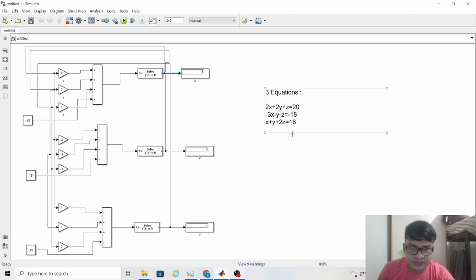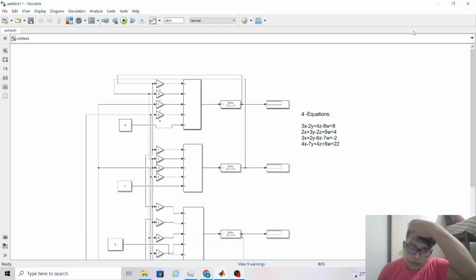Now that's for the three equations linear functions. So now for the four linear equations. This is the model, also using the model from the three equations.